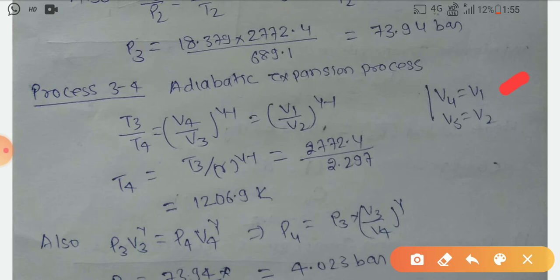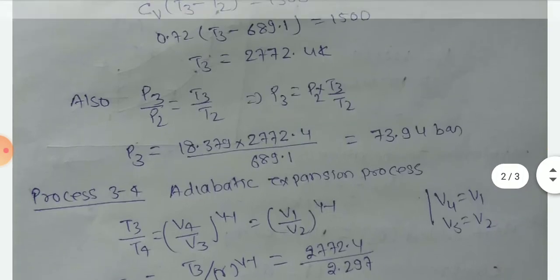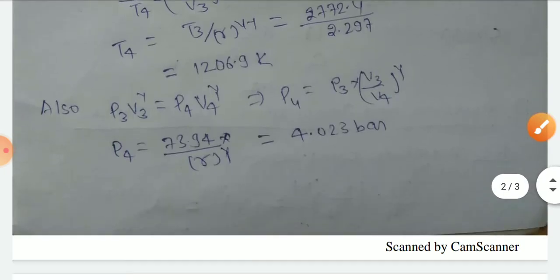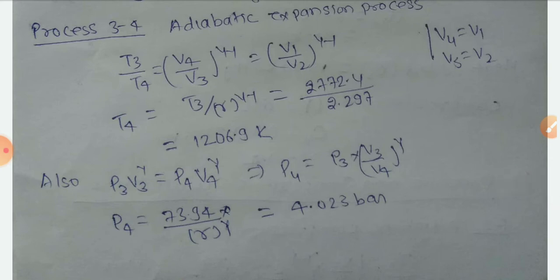T4 is equal to T3 by r, where r is 8. So we can find T4 from here as 1206.9 Kelvin. Also you can use P3 V3 power gamma equal to P4 V4 power gamma.